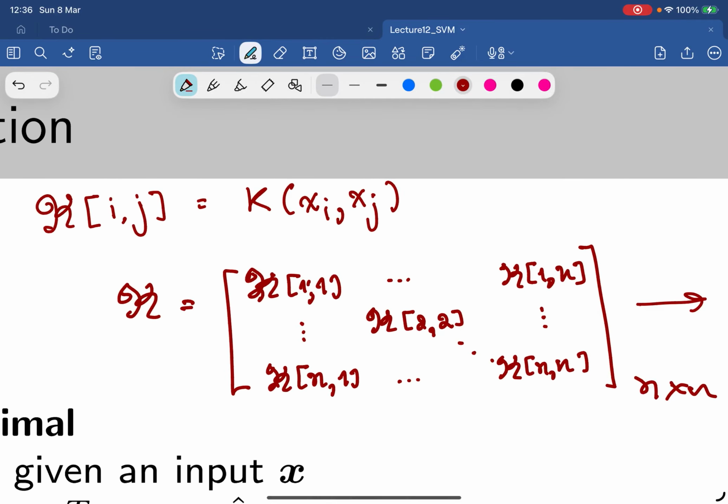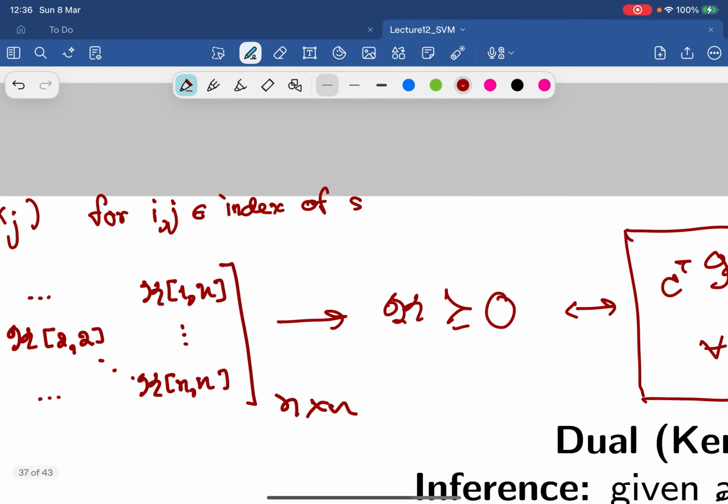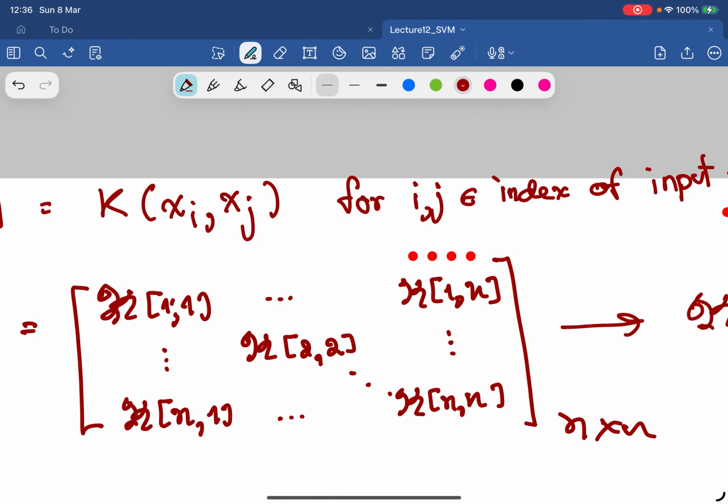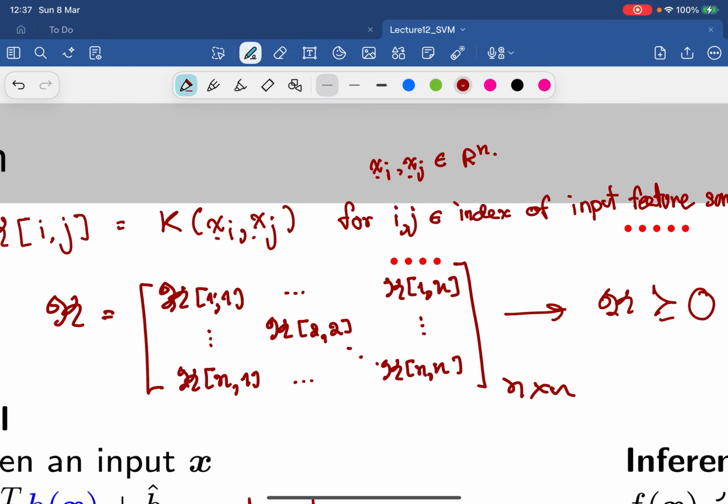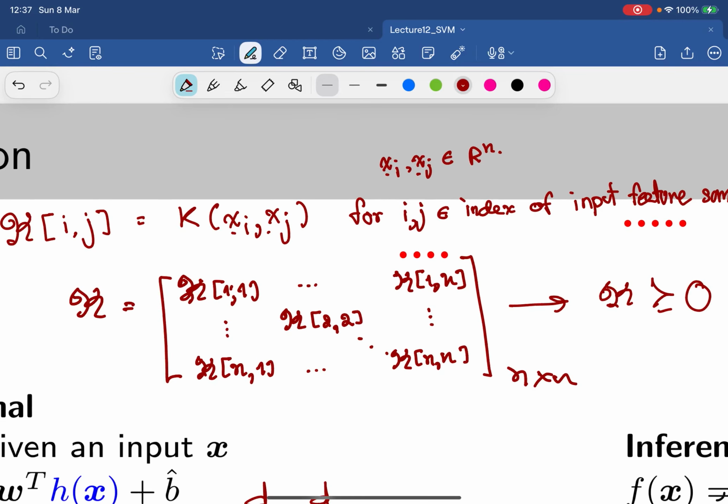Here i and j are the indices of samples, and xi and xj are both input features in Rn, so they are vectors of n dimension.